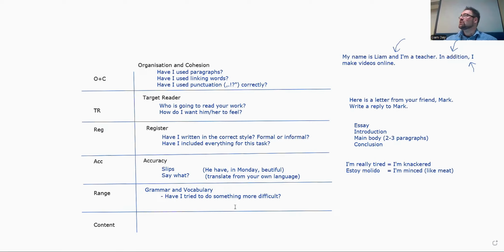So maybe just including one extra piece of vocabulary. Instead of saying the show was very good, you say the show was spectacular. Instead of saying many people attended the show, you can say the show was attended by many people. So you see here, just in a simple way, I've changed the grammar.